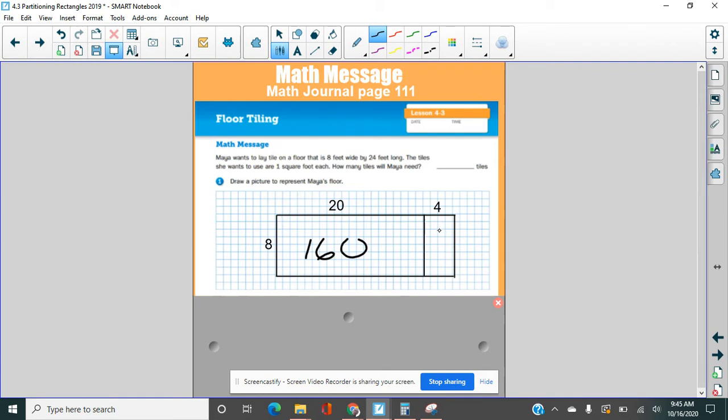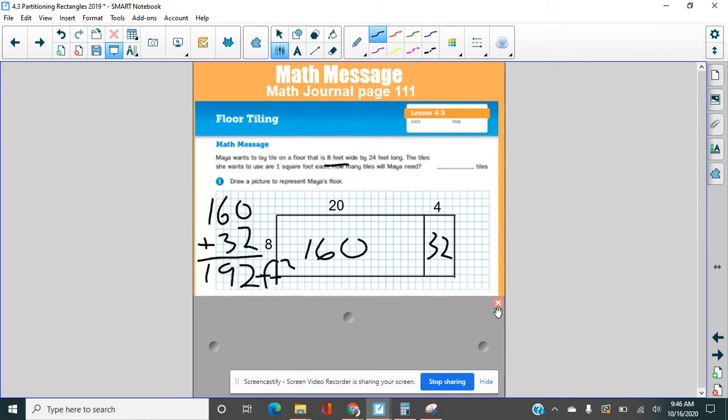Then to find the area of this one, it is 4 times 8. 4 times 8 is 32. So what should I do with these two numbers? I am going to add them up, and I would like to get the answer of 192. 192 feet squared, or square feet.